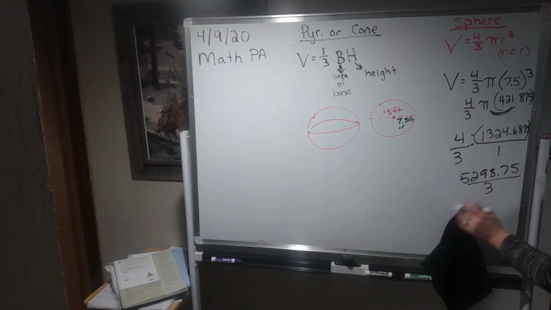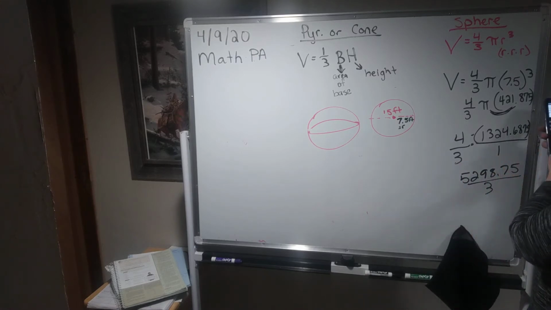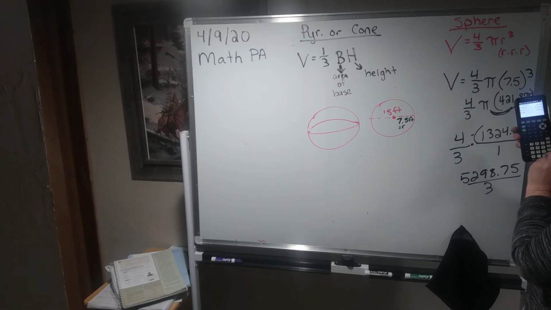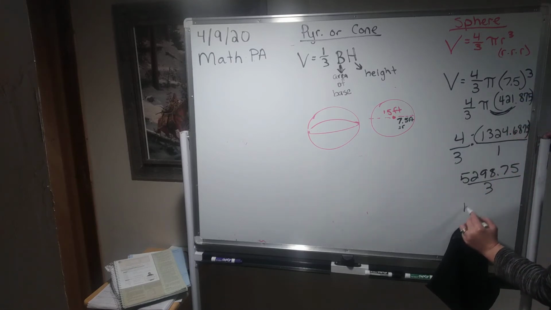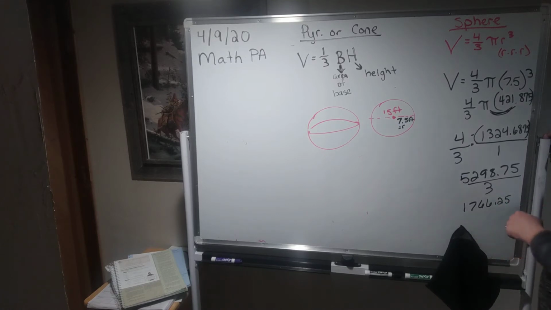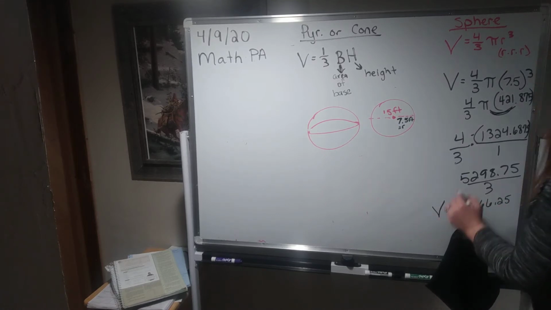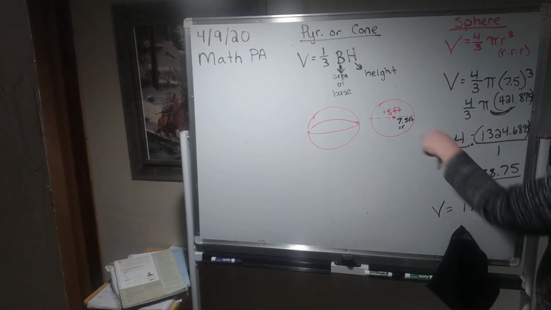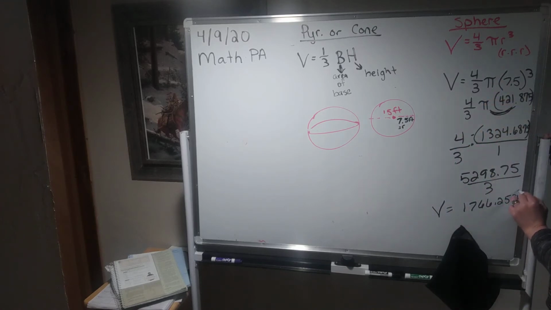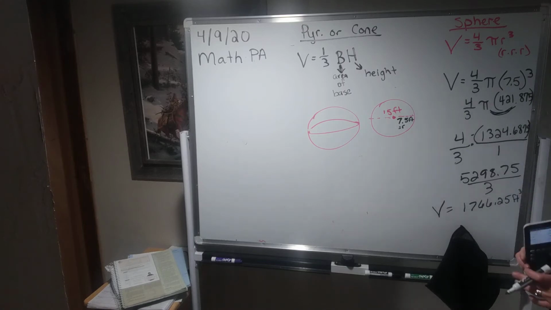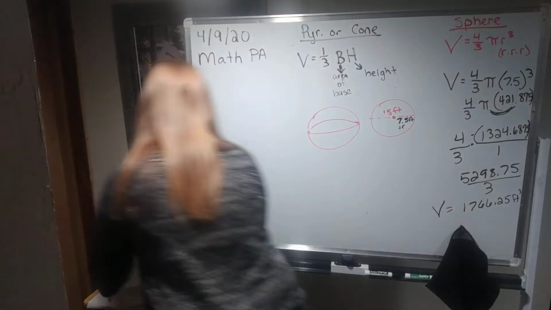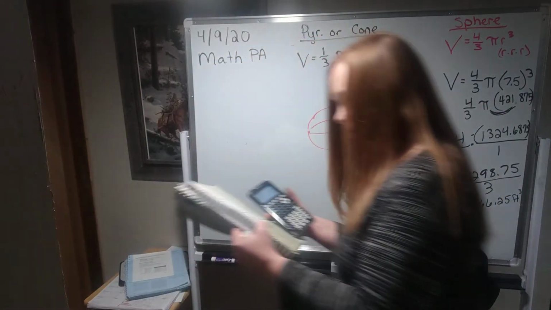Now I have a division problem, so I take that entire number and divide by 3, which equals 1766.25. This is what the volume equals, and it's in feet cubed.